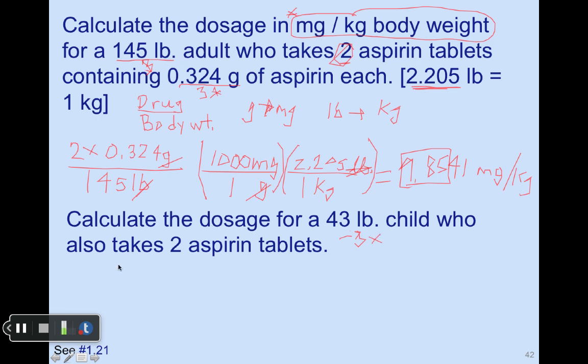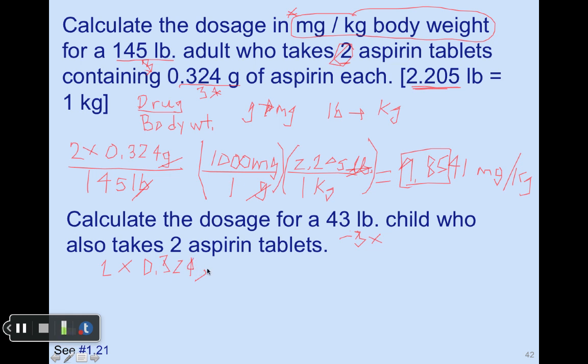We don't always estimate because some of these numbers are a little hard to work with, but let's do what we can on this one. So this time we'll have 2 tablets, the same as we did before, times 0.324 grams. This is very difficult to write with today. I'm not liking this.